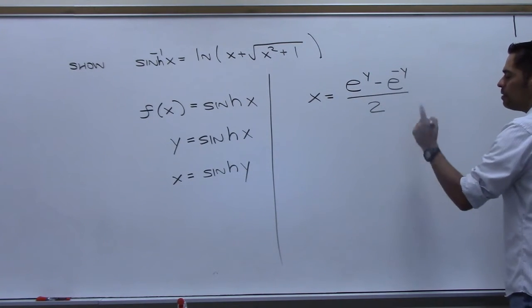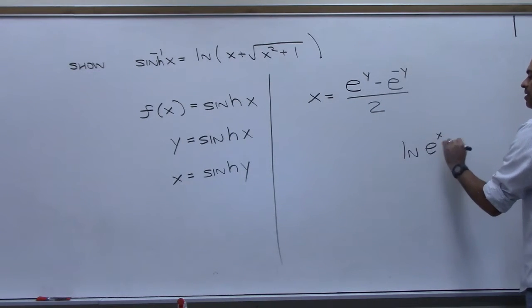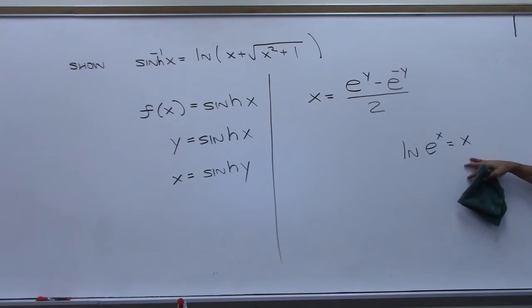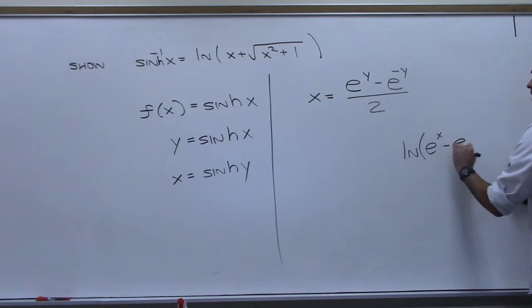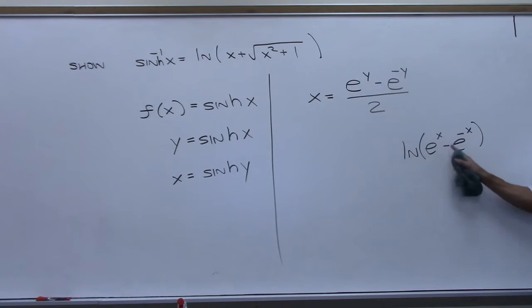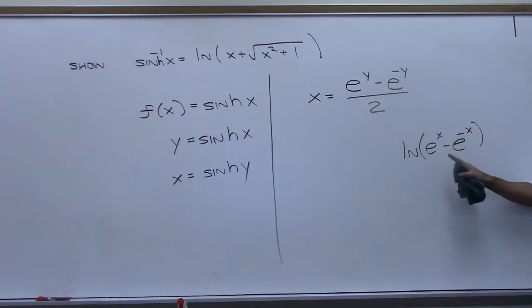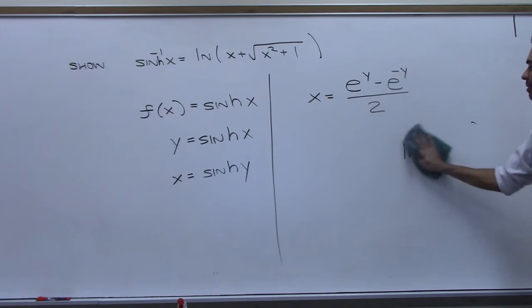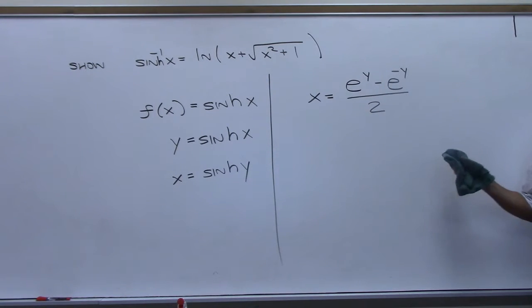I can't do it because, look, I agree with this. Natural log of e to the x is x. That's something from college algebra. But natural log of two things like this, you do not apply to each one. If there's multiplication here, you can split it into two logs, can't you? But if there's subtraction or addition, you cannot split it up. That's a fundamental principle from college algebra. So we're kind of close, but not really. And it's going to become a huge problem that we can't do that.